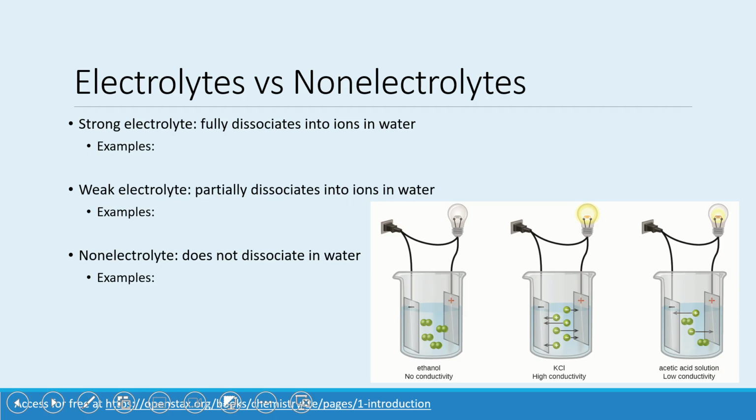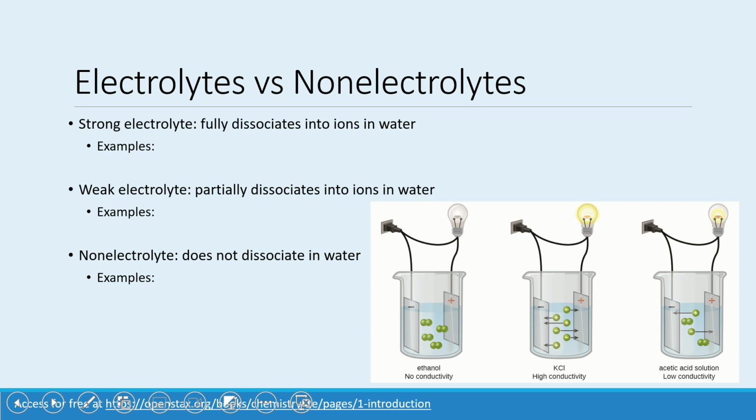Okay, when we're comparing the strong versus weak versus non-electrolytes, keep in mind that we're talking about disassociating. So we're talking about breaking apart into ions. We are not talking about dissolving, right? Dissolving is about dispersing through the solution, right? It's solubility in water compared to disassociation, that's breaking apart.